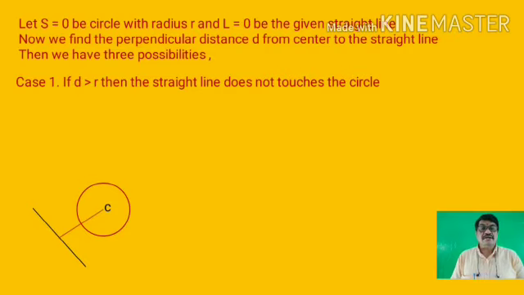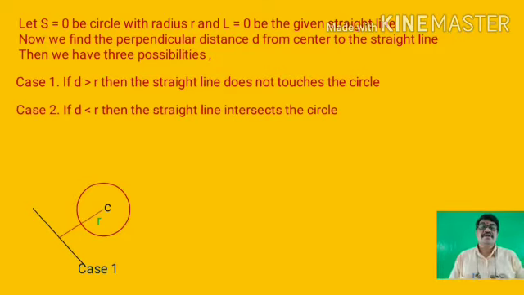What is d? d is the perpendicular distance from the center to the line and r is the radius. This is the first case. If d is greater than r, then the straight line does not touch the circle. That is, the distance is more than the radius. In this case, the line does not touch the circle.